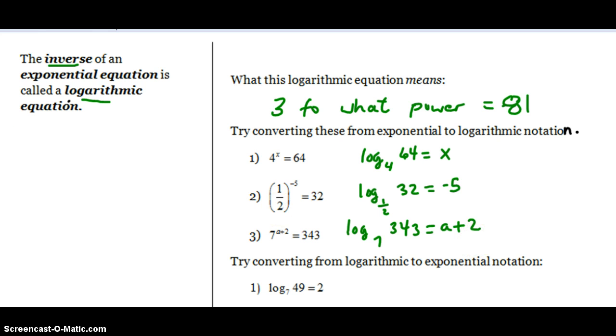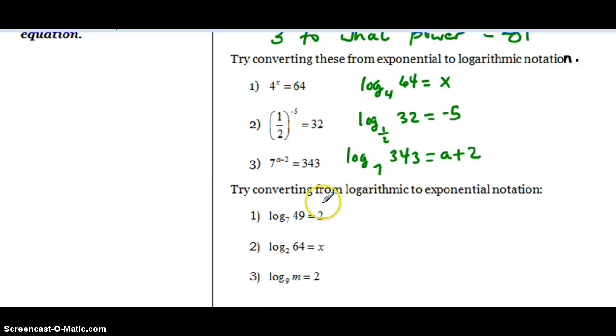All right, now we're going to try in the reverse. Convert from the log to the exponential. So when we're converting from log to exponential, the first thing is you lose the log, and then you write the base. So our first step is we're going to write the base of 7. Now we write the exponent, 2, equals the of part, which is 49.